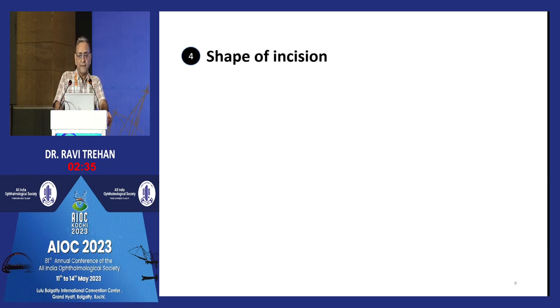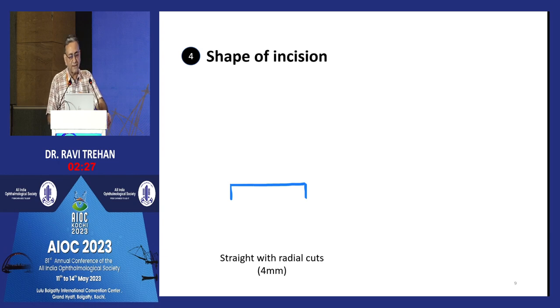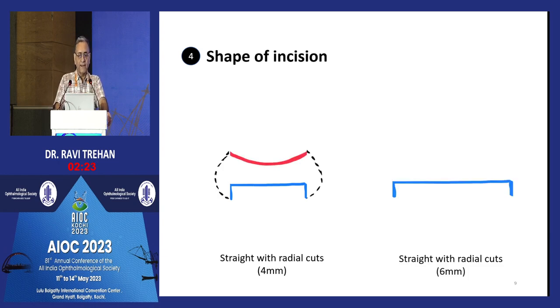One another technique, if the nucleus is big and you want to remove it in toto, straight. This is my usual routine: straight incision with radial cuts, scleral pockets, and then inner entry. Second option, what I have given, is a 6 millimeter straight incision with radial cuts, again scleral pockets and entry.